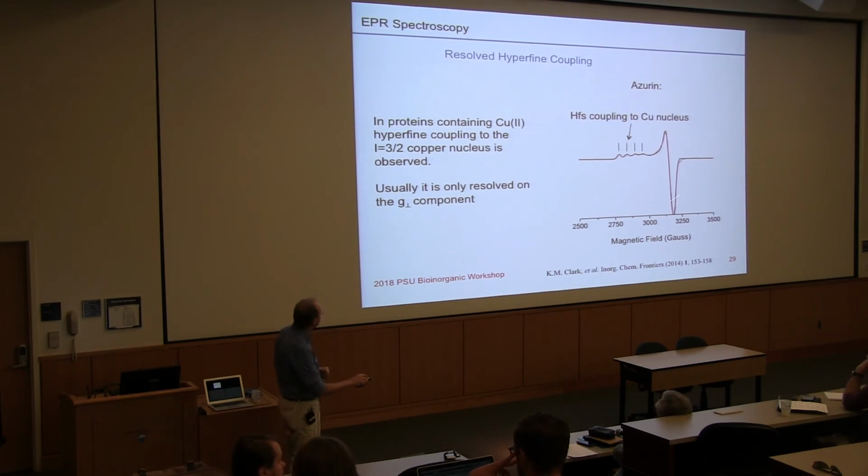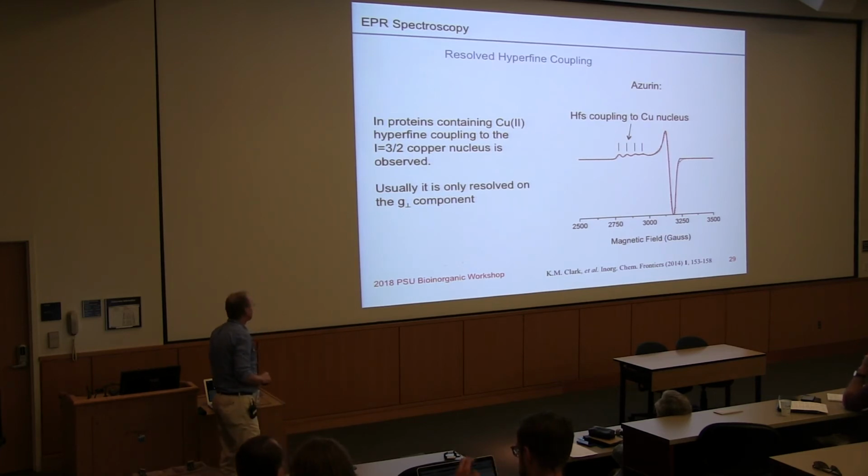In this part of the spectrum here, the x and y components, we don't see that splitting because the two contributions to the hyperfine coupling cancel each other and are weak there. And this is a really typical situation for many metals, that one component of the spectrum will show hyperfine coupling and the other one will not.